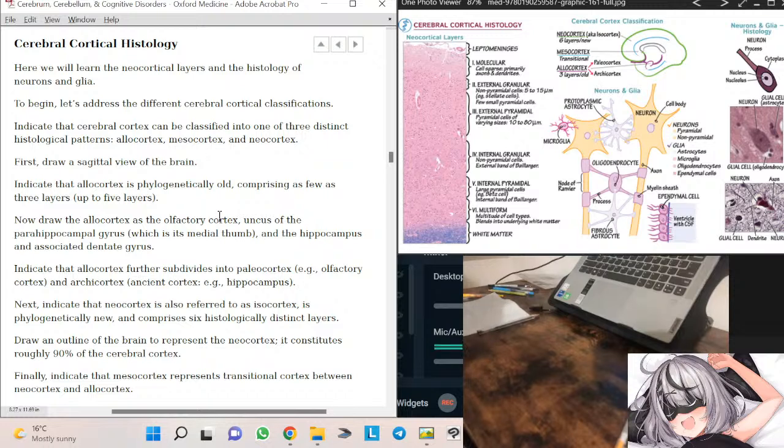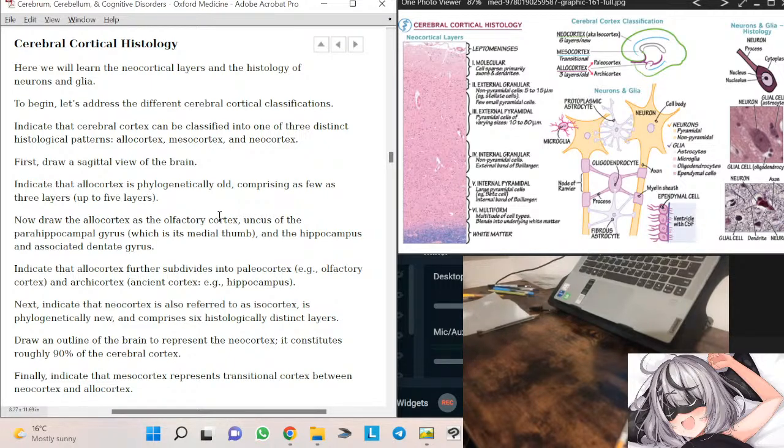Indicate that allocortex further subdivides into paleocortex, here the olfactory cortex, and archicortex, ancient cortex, here the hippocampus.